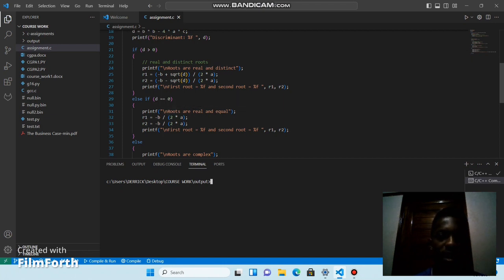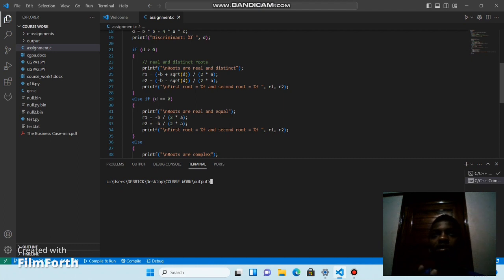So if the discriminant is equal to 0, if you remember, that means the square root part of the formula will be equal to 0. That's why the first root will be negative b divided by 2a, and it will be the same because the discriminant is equal to 0.